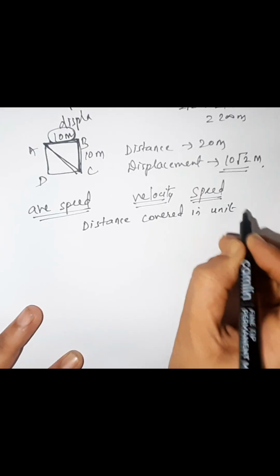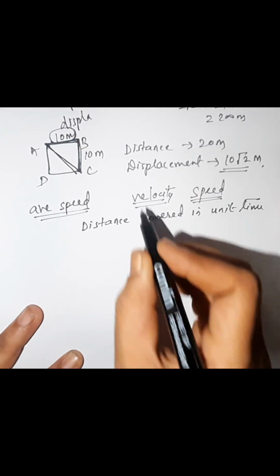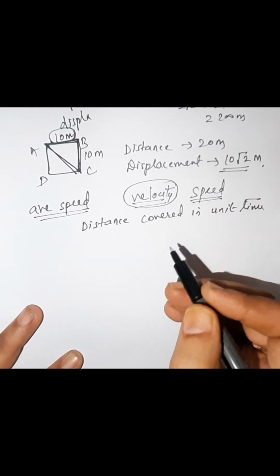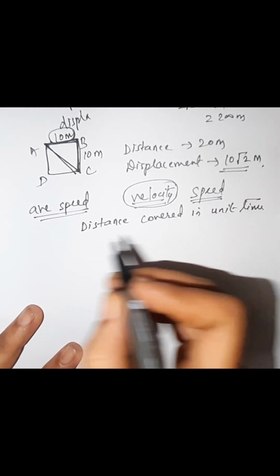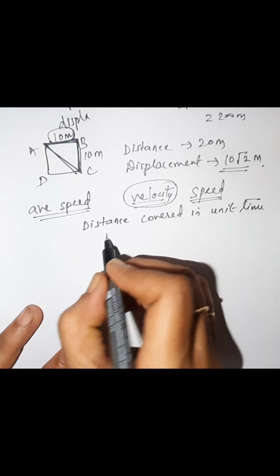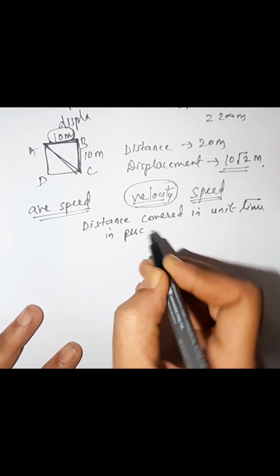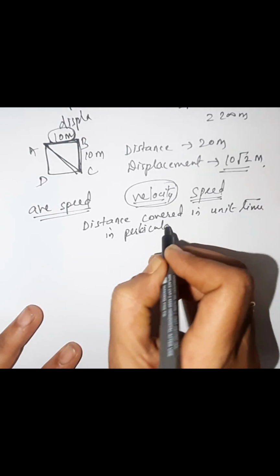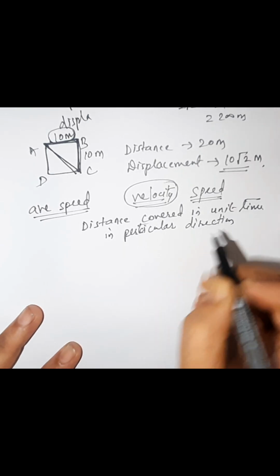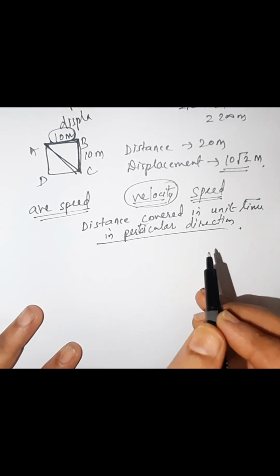The difference is for velocity we need to give a certain direction. That is, when we define velocity, it is distance covered in unit time in a particular direction, whereas for speed, no direction is there.